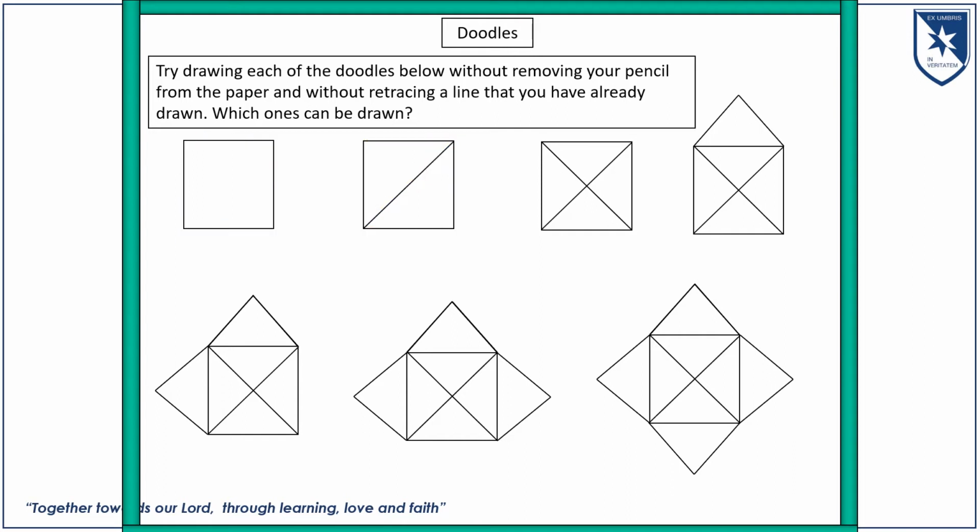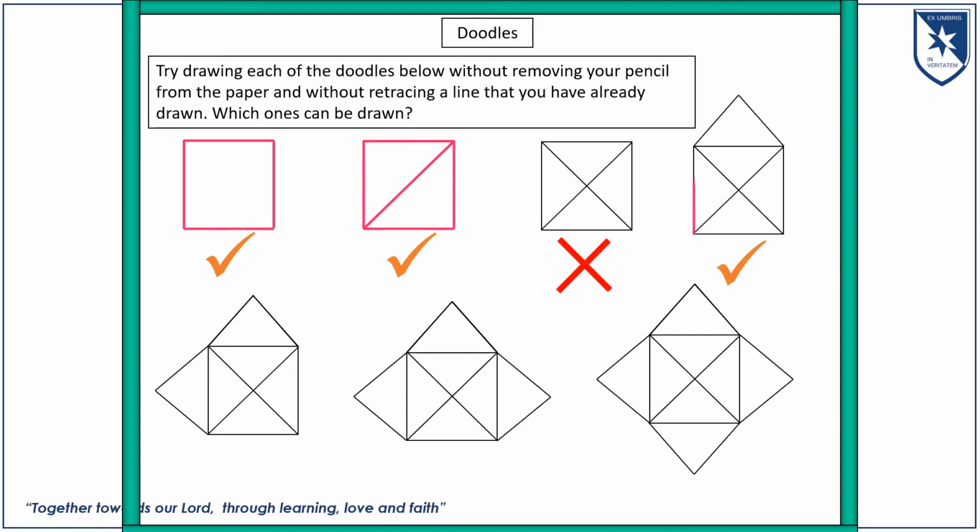Okay, so looking at this again, we can see the first shape worked. And the second shape also worked. Just going to show you a demonstration of that again. The third shape, however, does not work. Hopefully you didn't think that one worked. So you can't doodle that shape without taking your pen off the paper. The next one is my favourite one, and that one works.